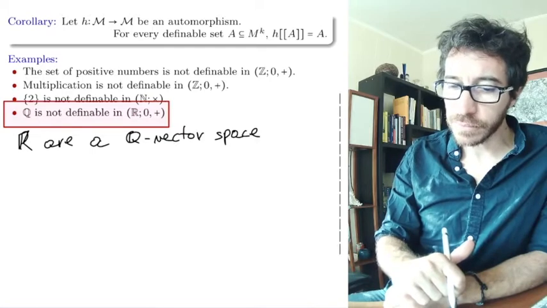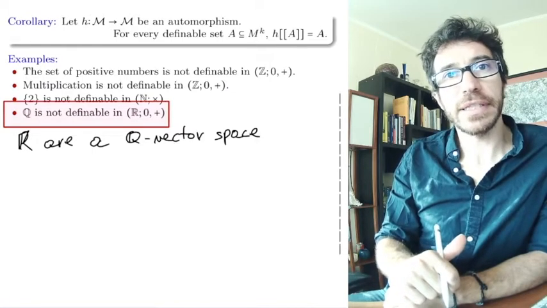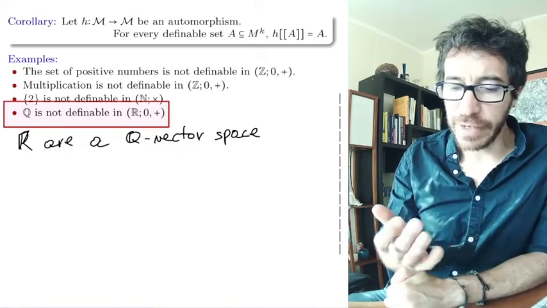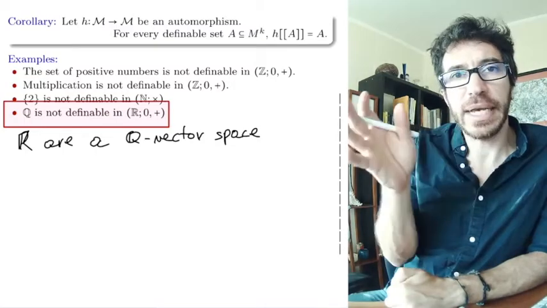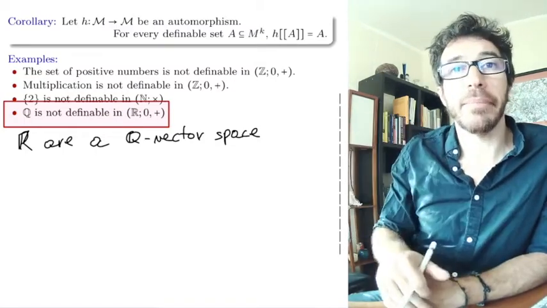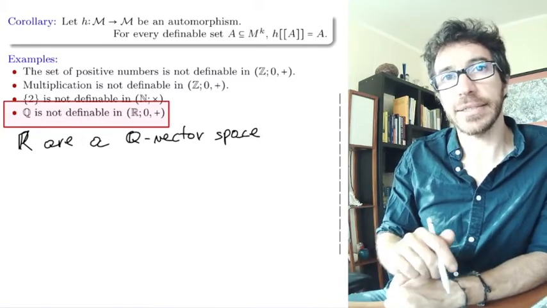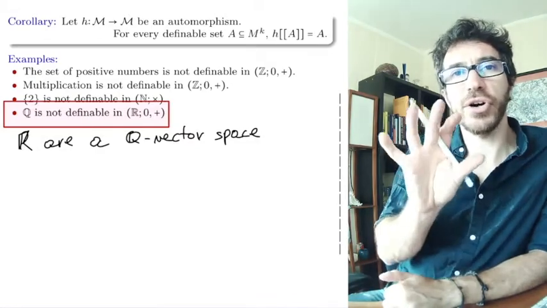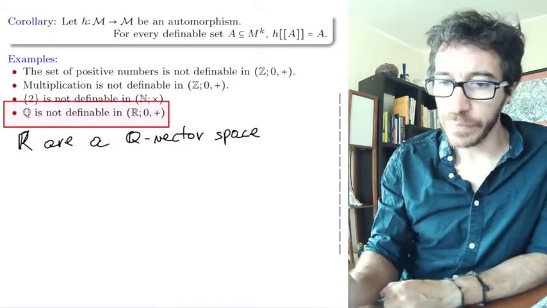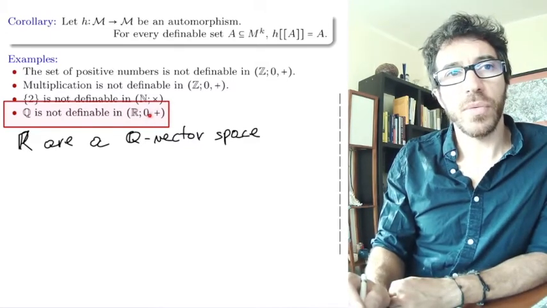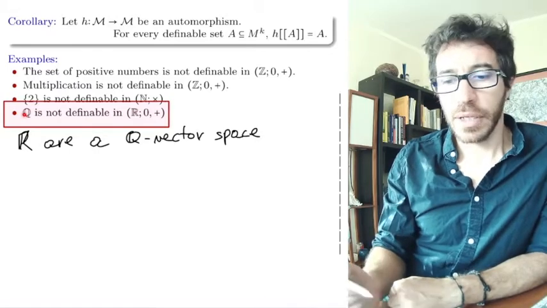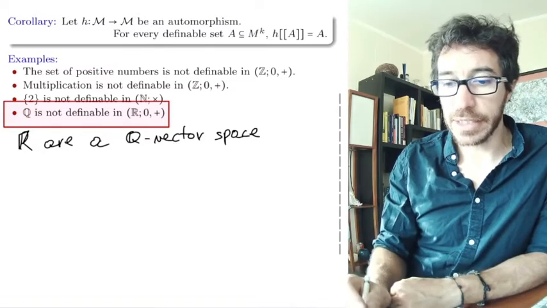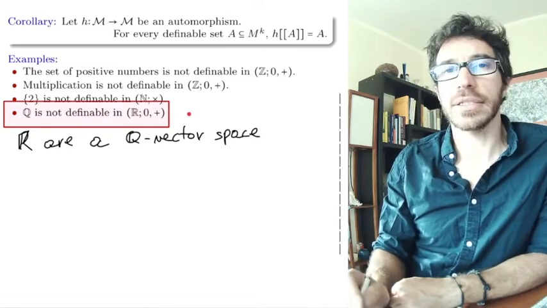And it's a Q vector space of infinite dimension. In a vector space, you have the group structure, the 0 and the plus, but you have more, because now you have multiplication by your scalars, which are the elements from Q. So to show that Q is not definable, we need to find an automorphism of the group of the reals which doesn't preserve Q, since the Q vector space has more structure than just the 0 and the plus: it has the 0, the plus, and scalar multiplication.